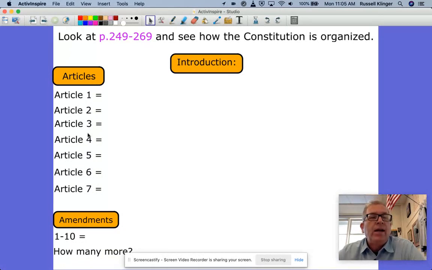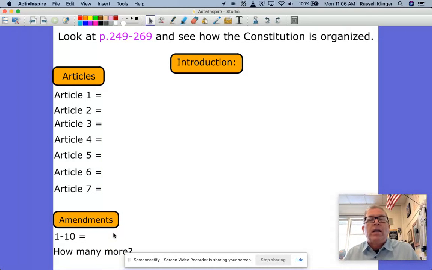And then it has at the very end some changes that were added, that were conditional, that had to be added for all the states to sign it or ratify the Constitution. And we call those first 10 changes or amendments the Bill of Rights. But there are 17 more changes that have been added over time to this document to equal 27 amendments or changes.